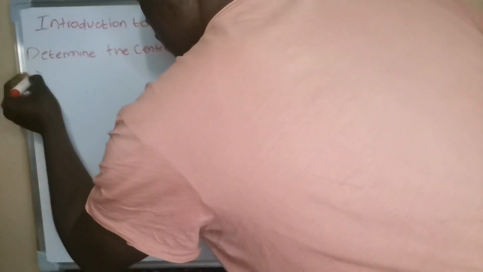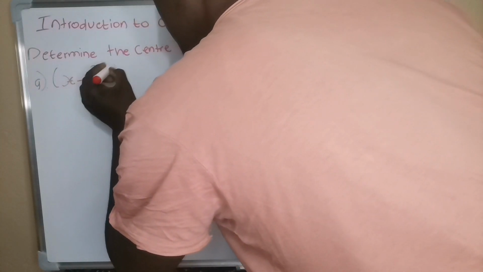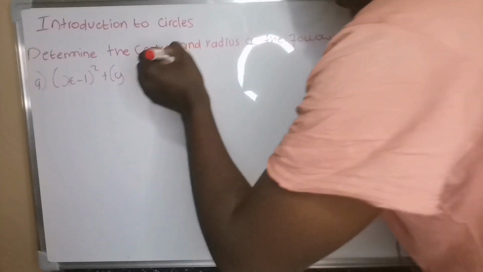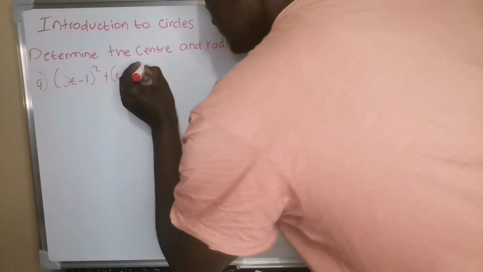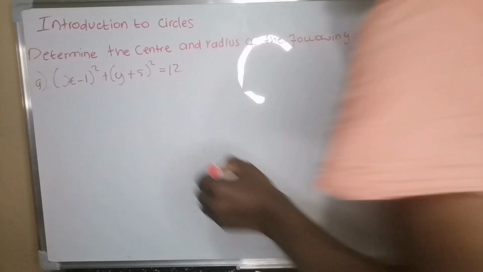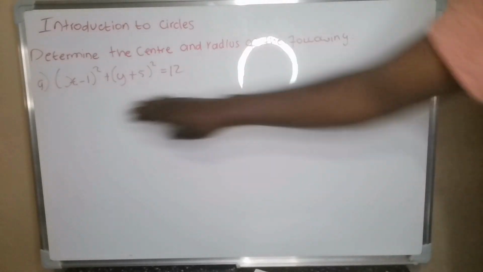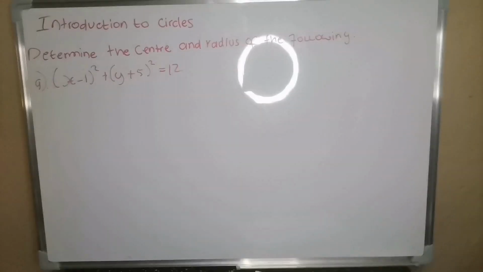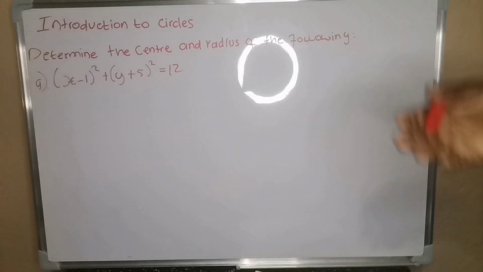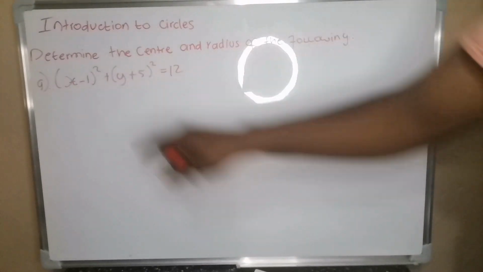Number a: x minus 1 squared plus y plus 5 squared is equal to 12. Now we need to find the center and radius of this equation. We need to know if this equation is in the standard form.